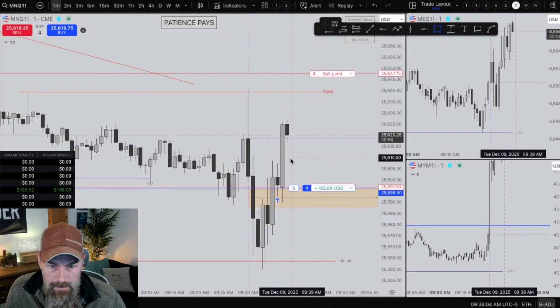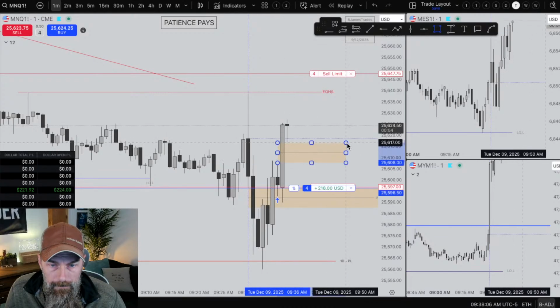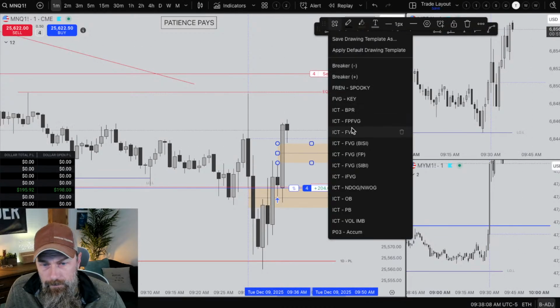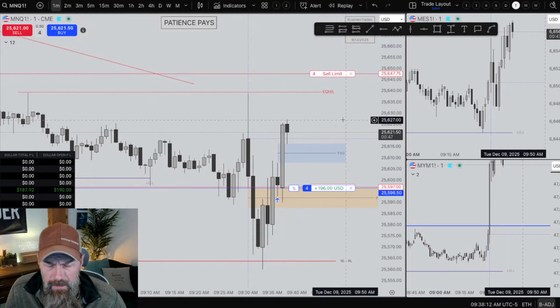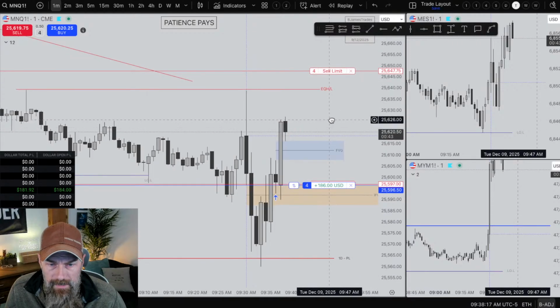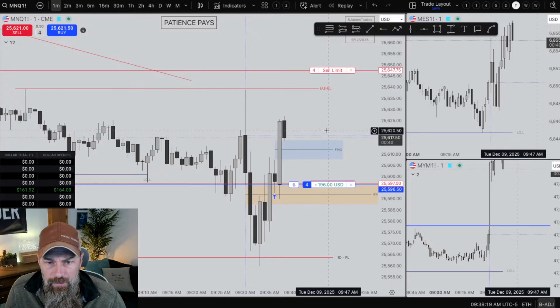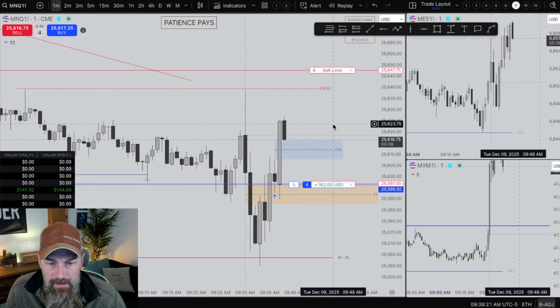I'd really like to see some form of fair value gap fill form right there. Let's see, we still got 50 seconds left on this candle. Not totally certain a gap will form, but that'll give me at least one layer of protection against my break even stop getting tapped.